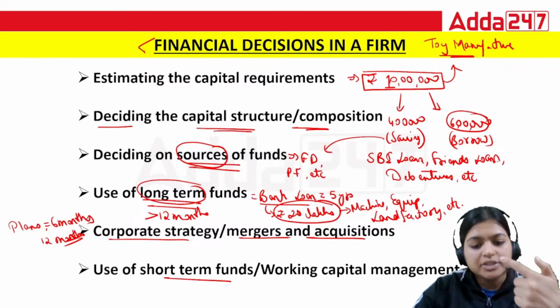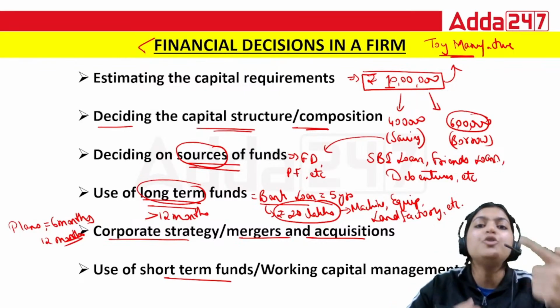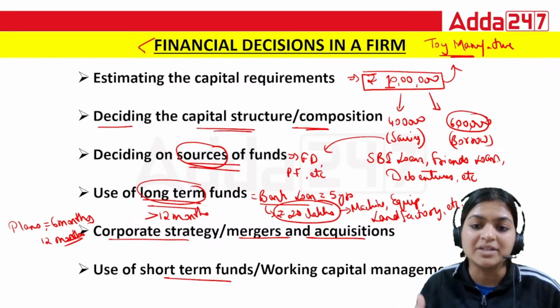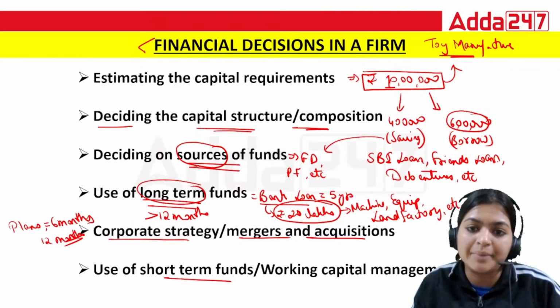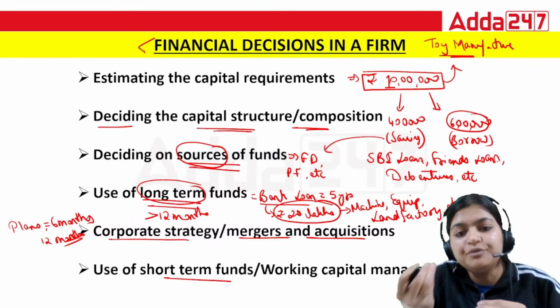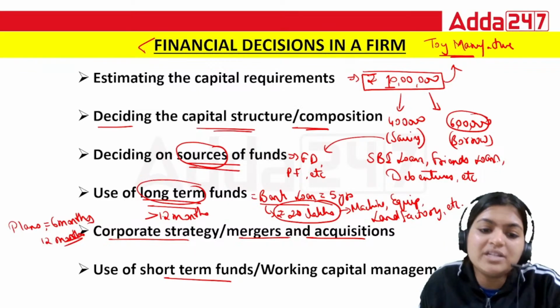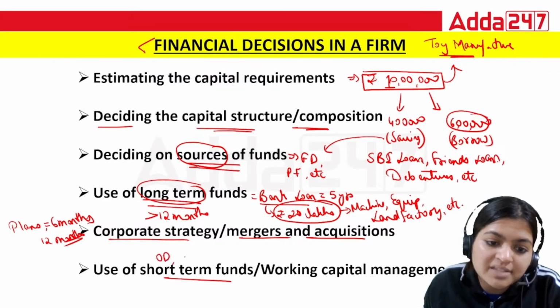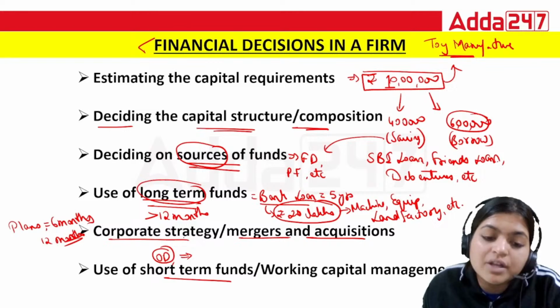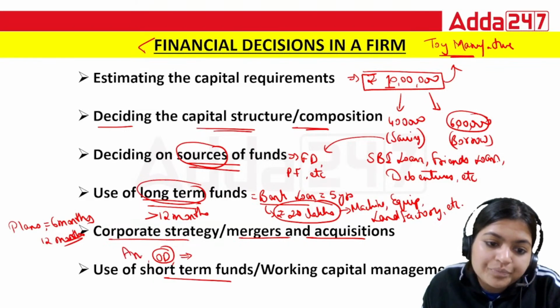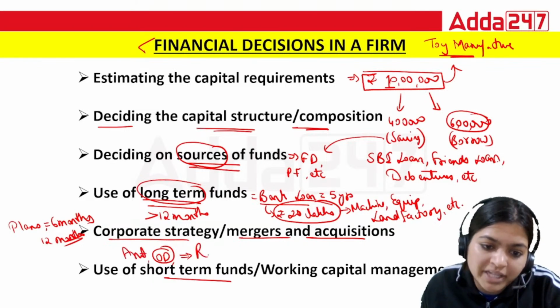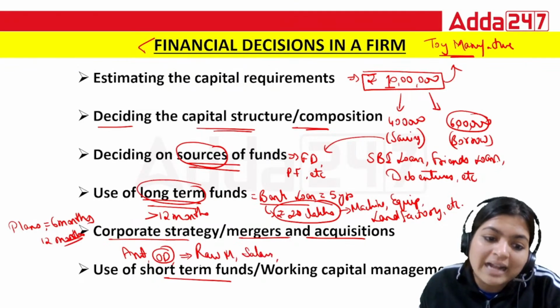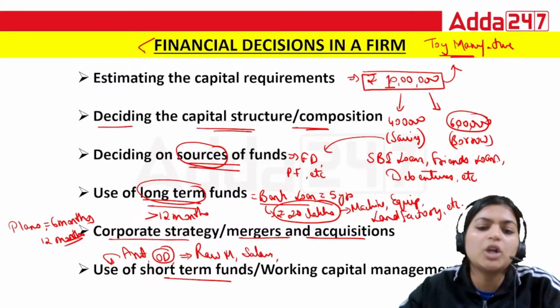So your routine operational requirement is your working capital. What funds will you use for this? You can take an overdraft from the bank, and from this amount you will purchase raw materials and pay salary. So that is the use of your short term funds.